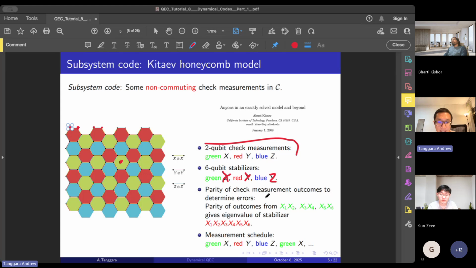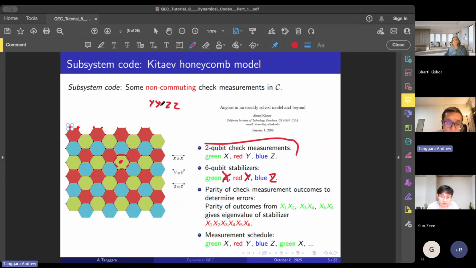And I can do the same thing. So what I'm gonna do is measure these 2-qubit check measurements around this plaquette, or this hexagon. What do we have here, right? We have YY and ZZ, right?